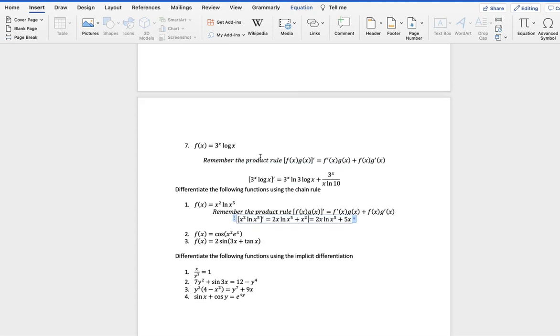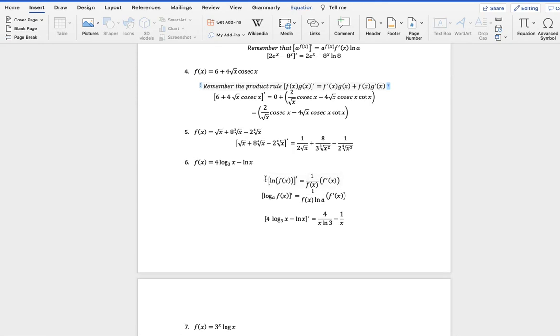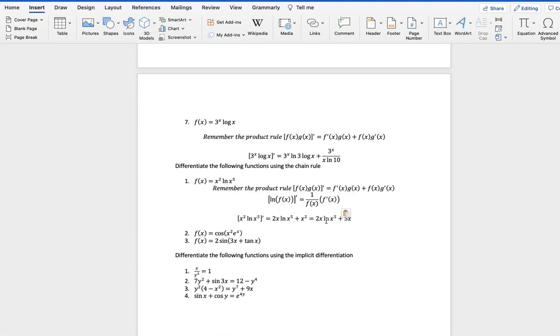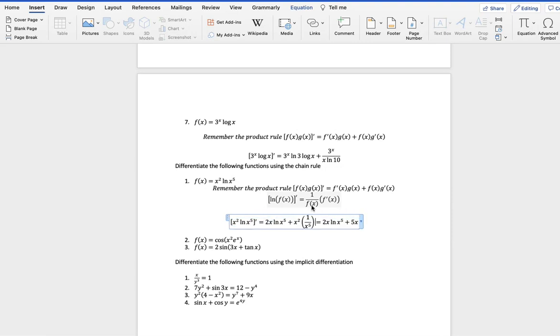Now, if you use the rule that we used for the earlier function, let's just copy that and place it here so we can see it. If you use this rule for the derivative of ln of x to the 5, what do you get? You get 1 divided by x to the 5, right?